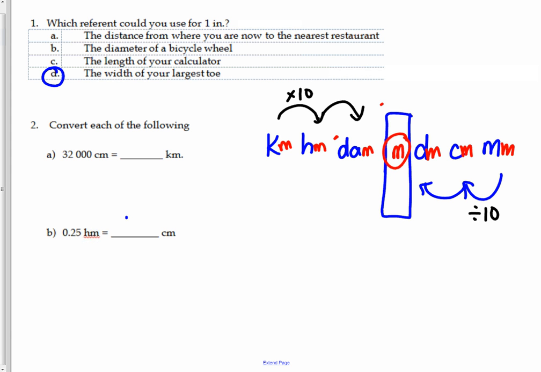So here we have 3,200 centimeters and I'm going to kilometers. You can think about how many hops you're taking. If I'm at centimeters and I'm moving to kilometers, I want to move 1, 2, 3, 4, 5 decimal places to the left.